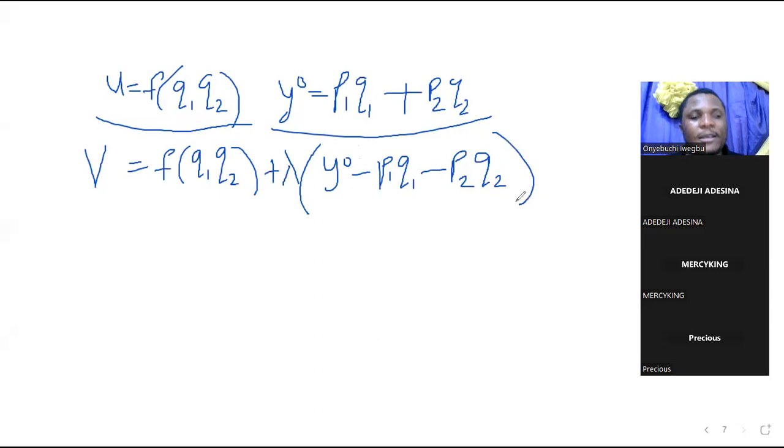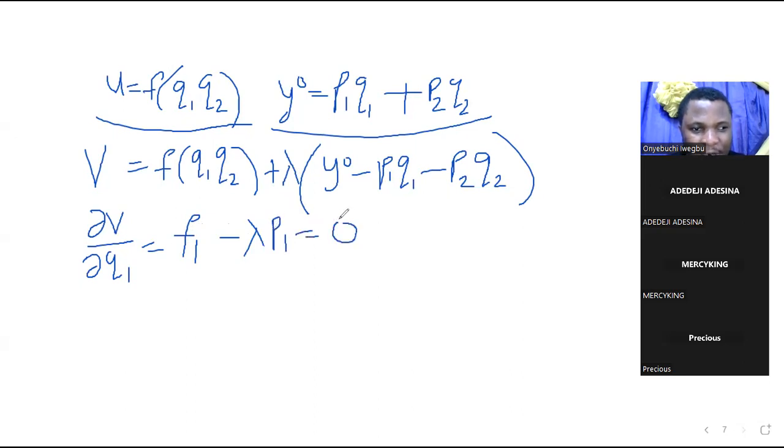Okay. Then what will I do? I will differentiate this function with respect to Q1, with respect to Q2, and with respect to lambda. So if I differentiate with respect to Q1, whatever I have here, let me just call it F1. Then I will have minus P1 times lambda, that is minus lambda P1, and I will equate it to 0.